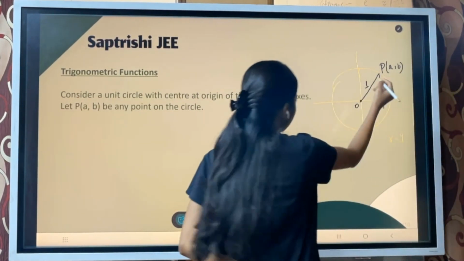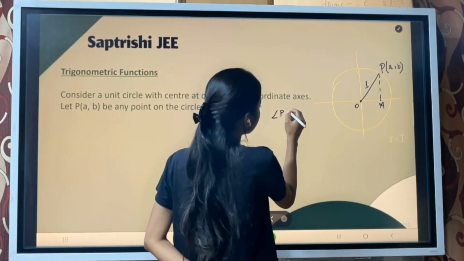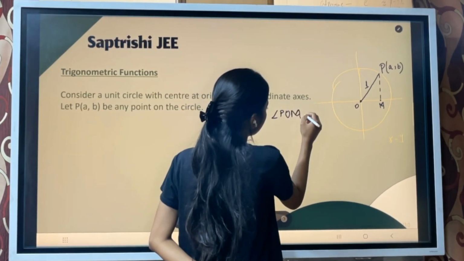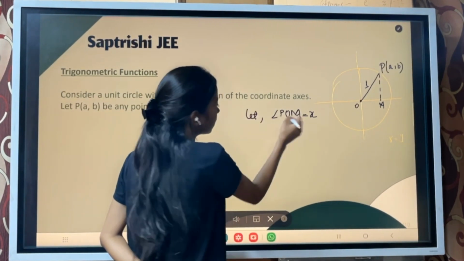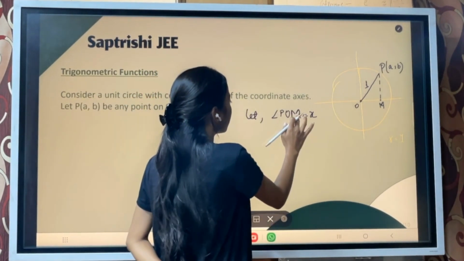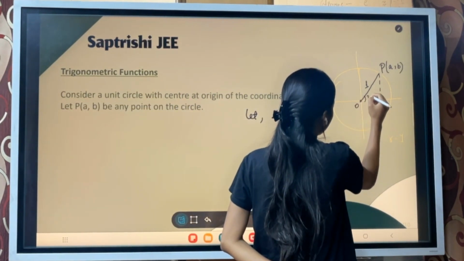Let angle POM be x, just as an assumption. So this value is x.